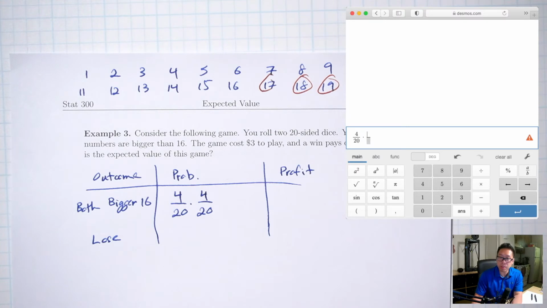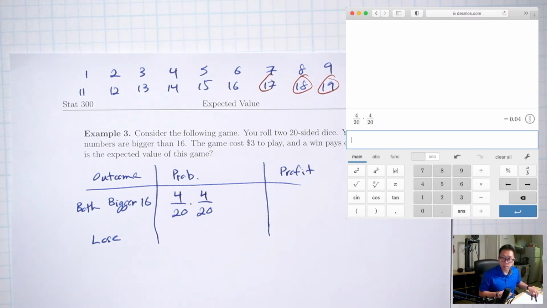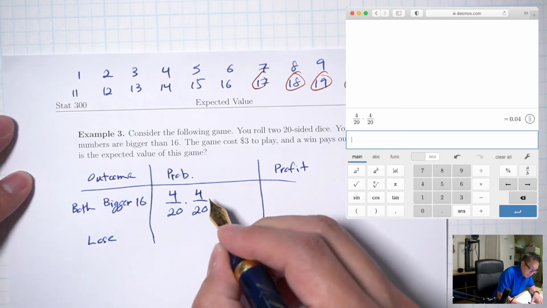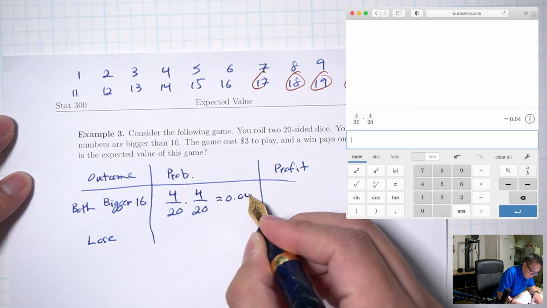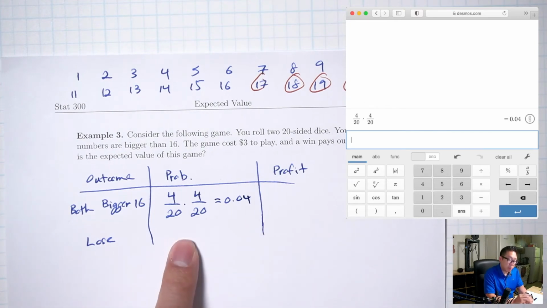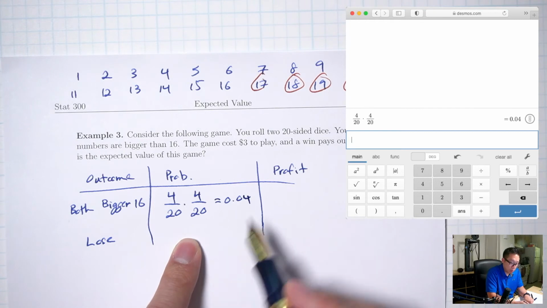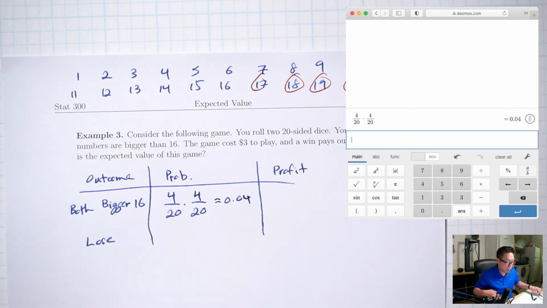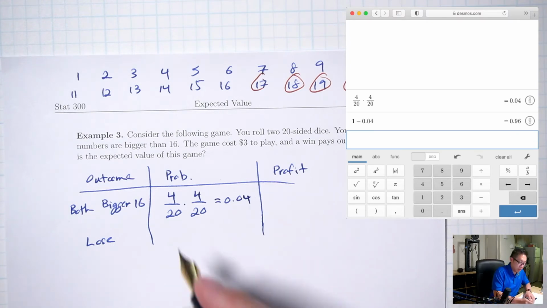Another fraction, 4 over 20. 0.04 is the final answer. That's the probability that both of them are bigger than 16. We have to find the probability of losing, so just take 1 minus 0.04. That's 0.96.